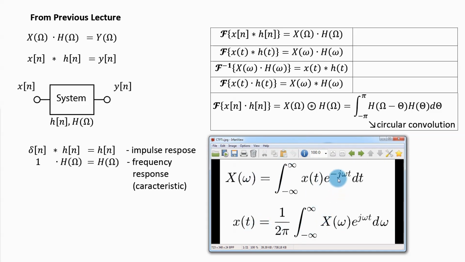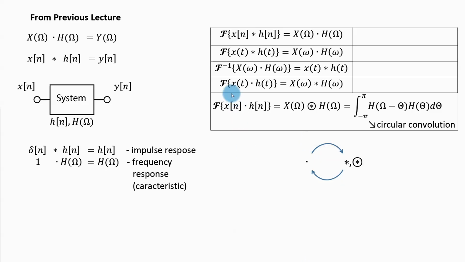You have a different sign here and some scaling, but other than that, this is pretty much the same formula. So it should not surprise you that when you crunch the math, it turns out that similarly to the inverse Fourier transform, when you take the forward Fourier transform of a multiplication, you will get convolution in the spectral domain. So the Fourier transform of the multiplication is convolution.